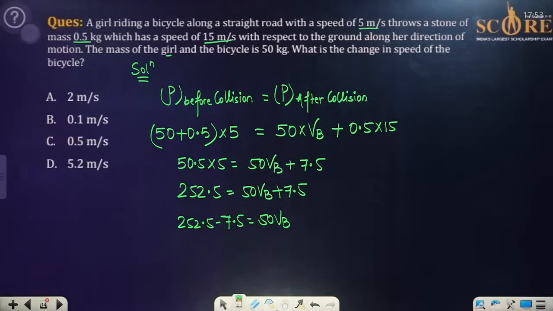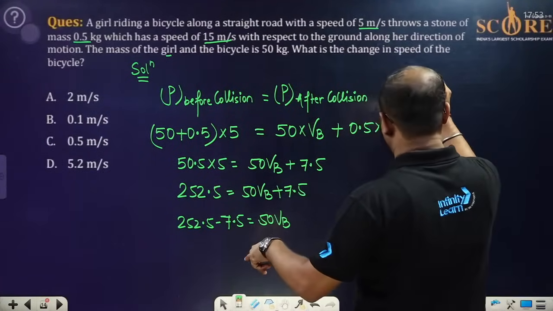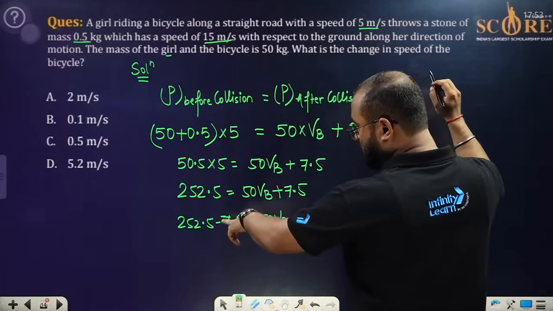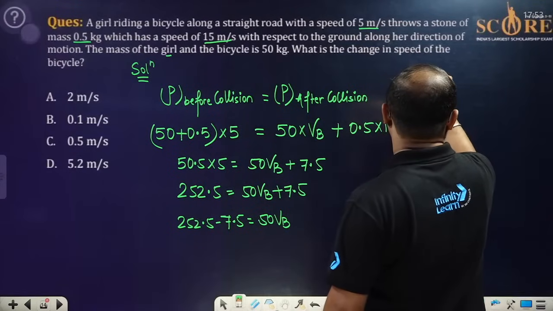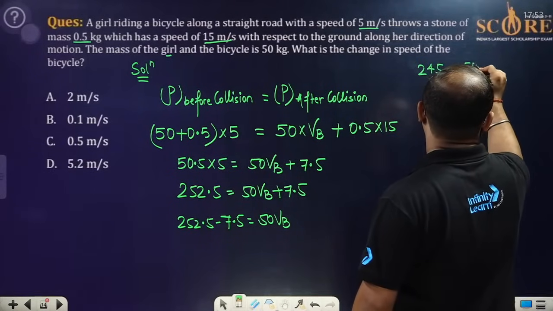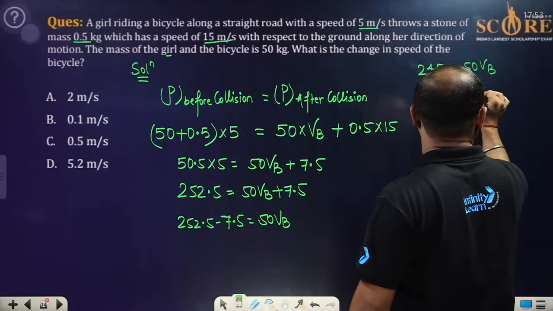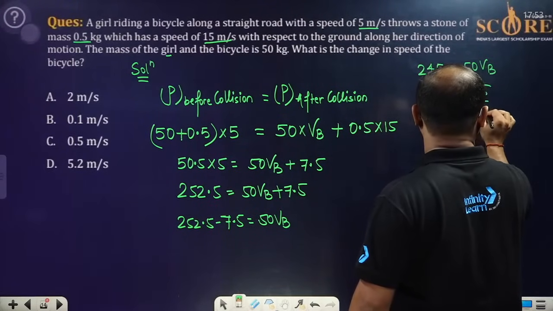If you solve this, you will get 245 equal to 50 times the velocity of the bicycle. The velocity of the bicycle will be equal to 245 by 50.